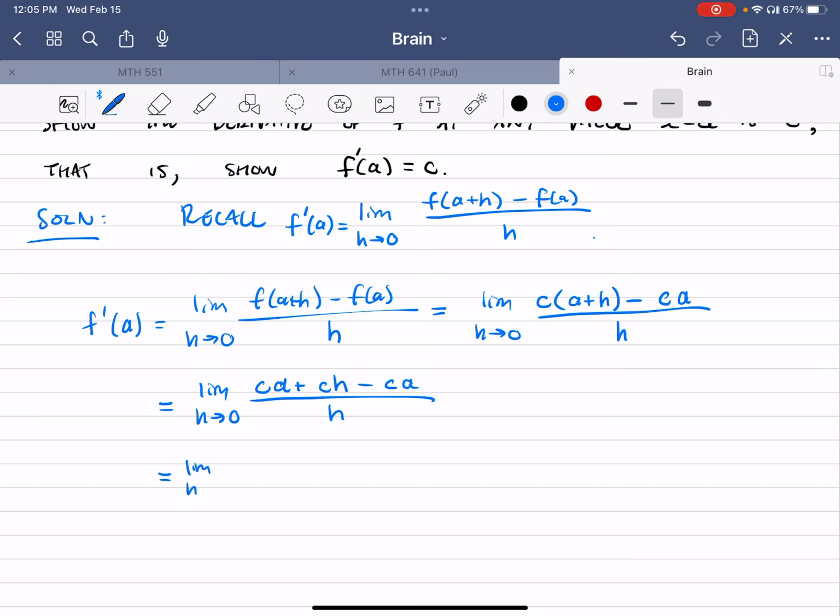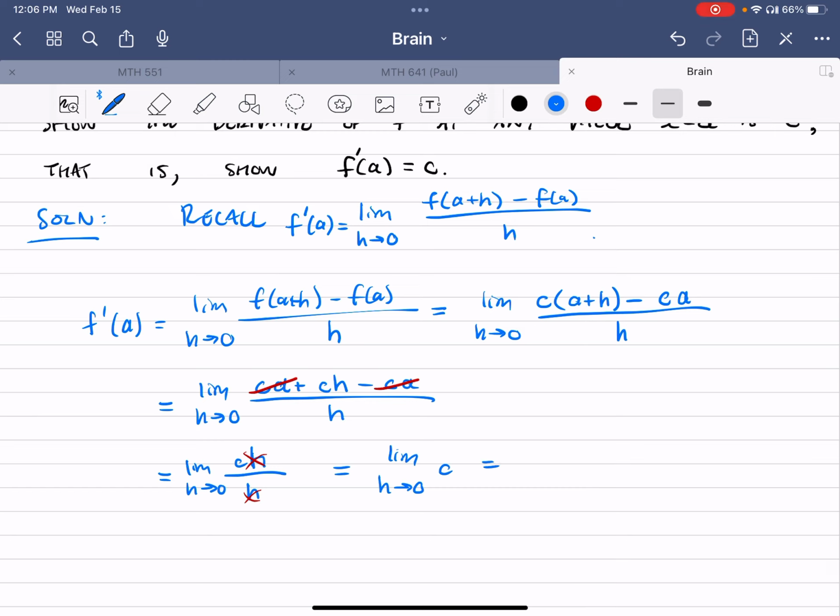And look at that, we get some nice cancellation, ca with ca. So this is c times h over h. And then now this guy, because we're within the limit, we can cancel those h's. So this is the limit as h approaches 0 of c.